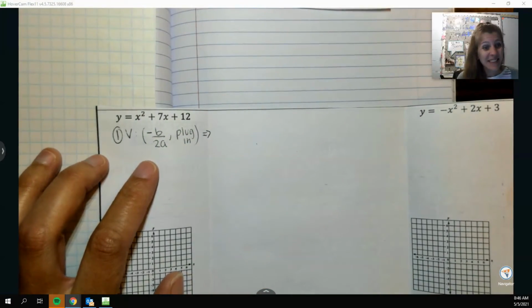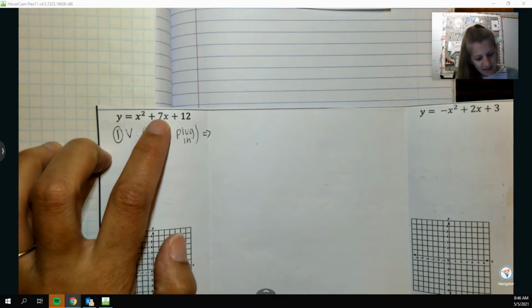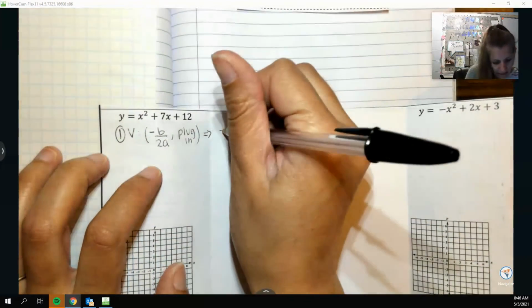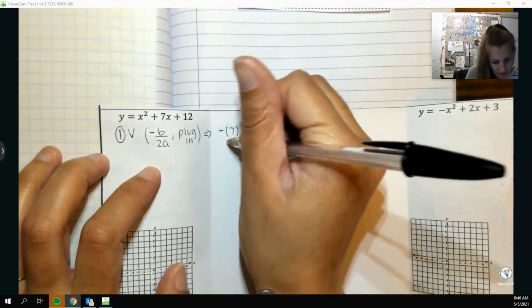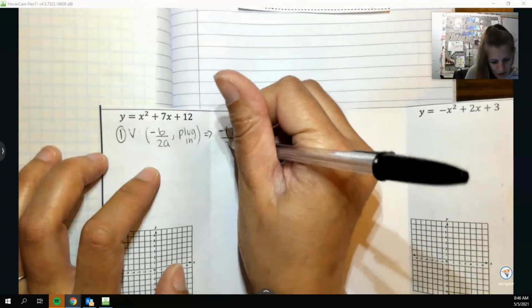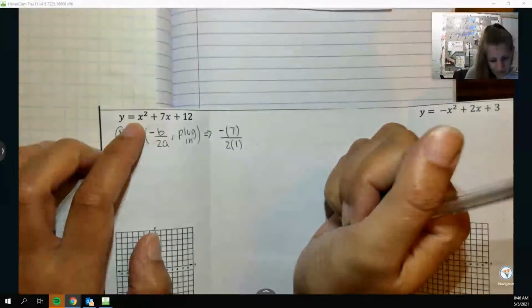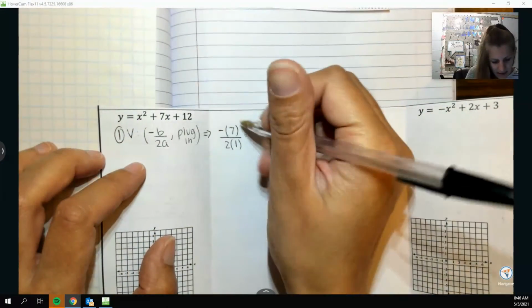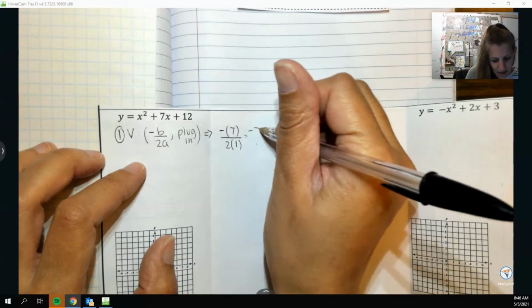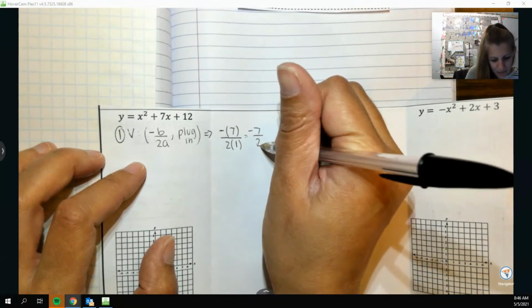Okay, so my b value is always on x. It's like that middle number, so we'll have -7 over 2 times my a value, which is 1. And so if I simplify this, the top's going to be -7, the bottom's going to be 2.